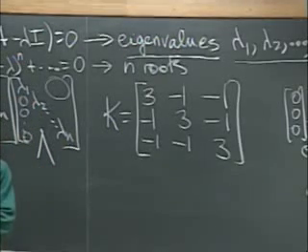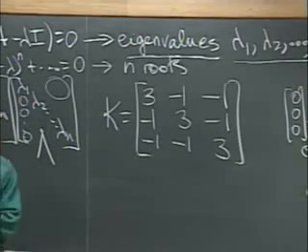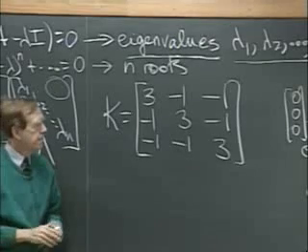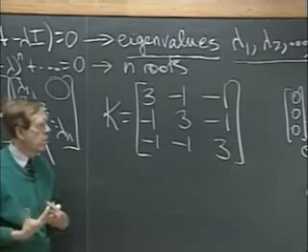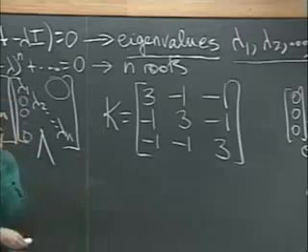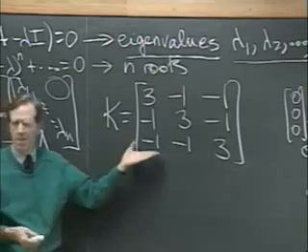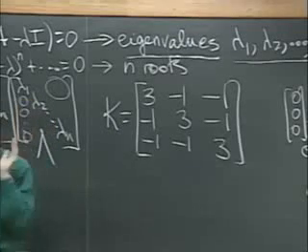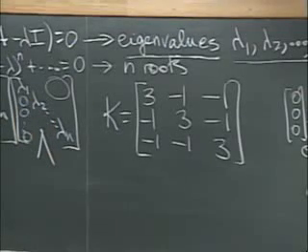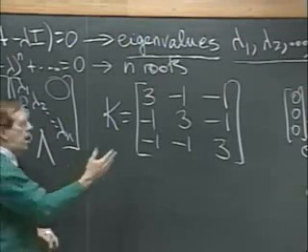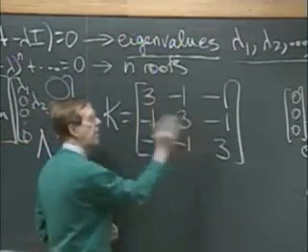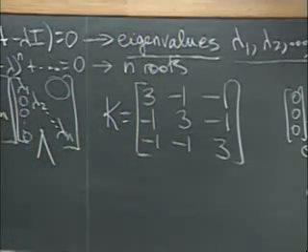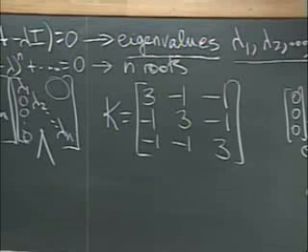Let's try to think of a better idea. Let me ask you, what could I shift that matrix by? So I'm going to shoot for the eigenvalues just by thinking, what are we looking for? We're looking for something subtracted from the diagonal that would make that matrix singular.